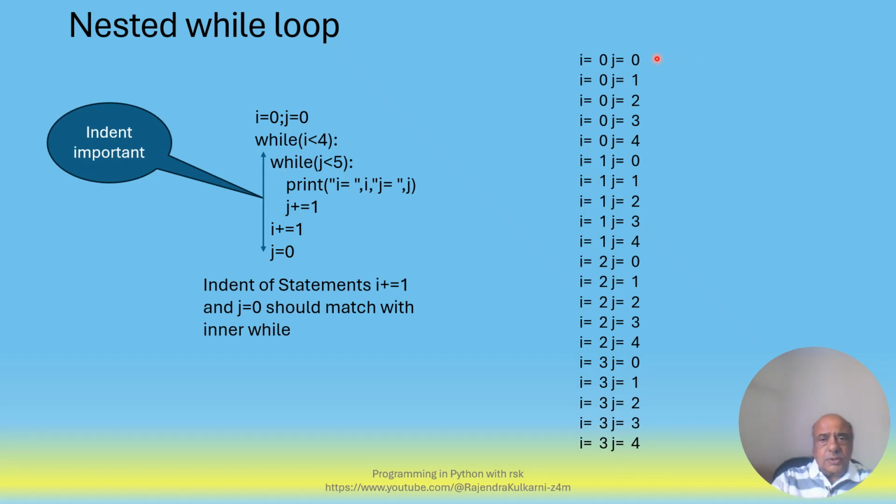When i is 0, j goes from 0 to 4, incremented from 0 to 4. So the inner j loop will terminate. Again j will be set to 0, i will be incremented by 1, and again the outer while loop will start executing, which will cause the inner while loop to execute till the value of j is less than 5.